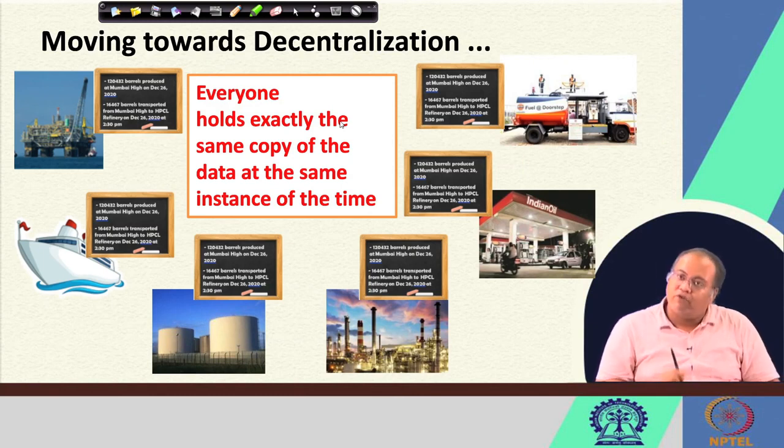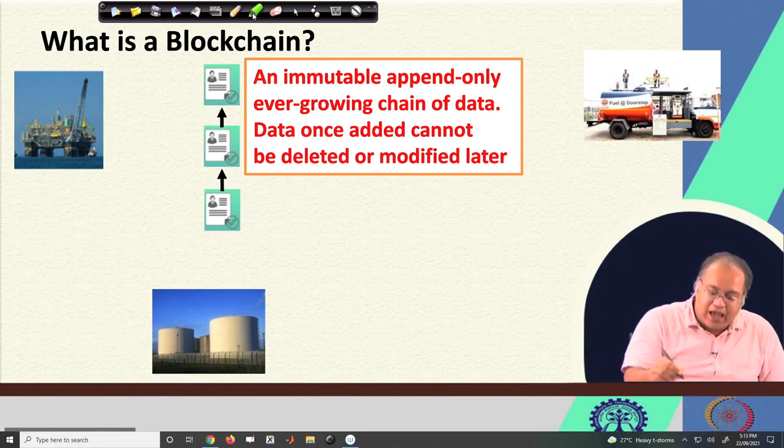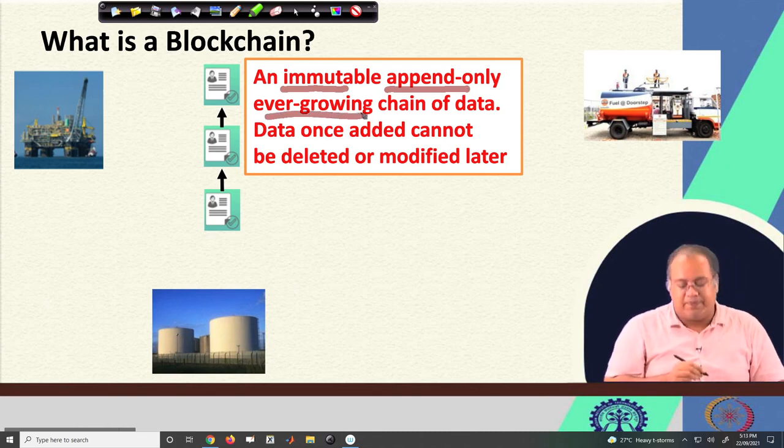Then comes my idea of converting these blackboards to what we call the blockchain. Let us replace this blackboard with a particular data structure called a blockchain. So, what is a blockchain? A blockchain is an immutable, append-only, ever-growing chain of data.